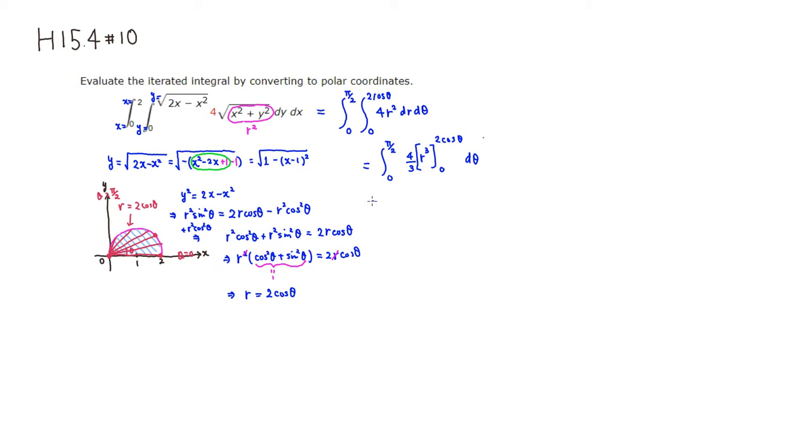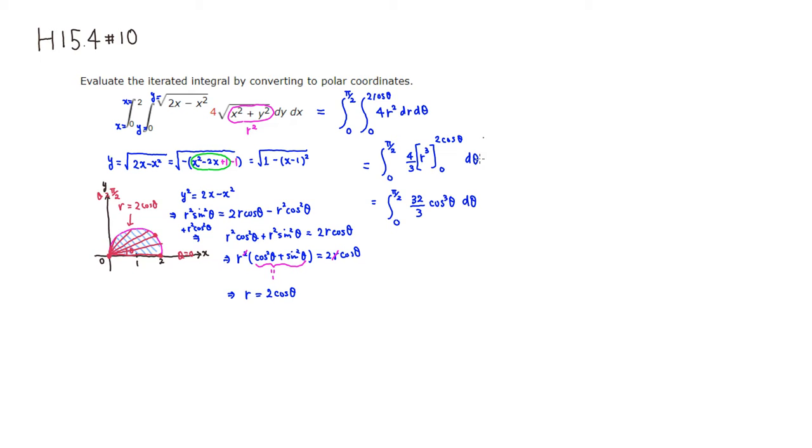All right, so what you get is going to be the integral from 0 to pi over 2. Plug in 2 cosine theta, so 2 cubed is 8, and 4 times 8 is 32 over 3. Then you have cosine cubed of theta, d theta.